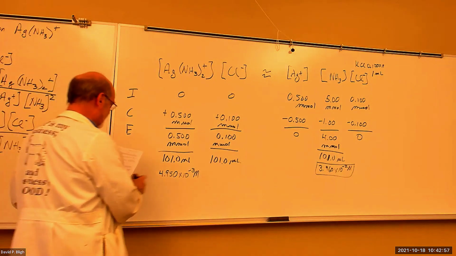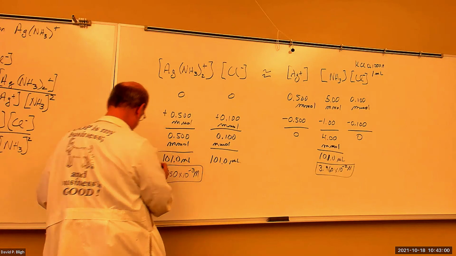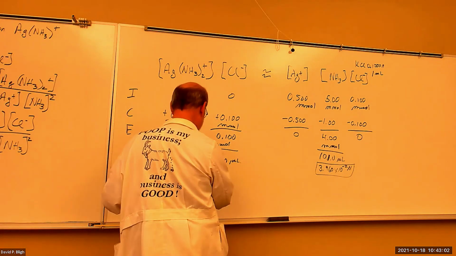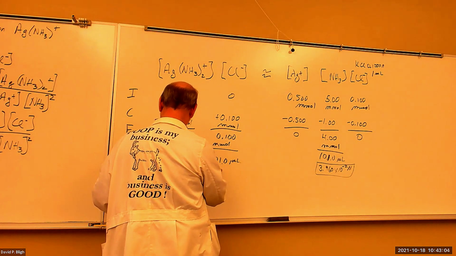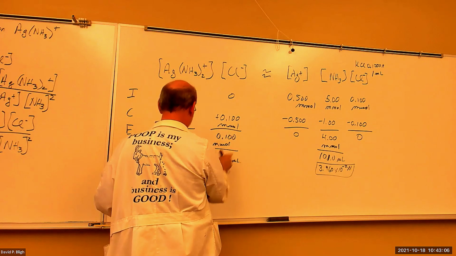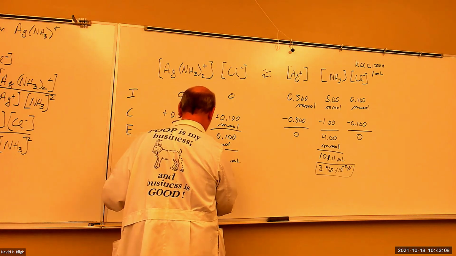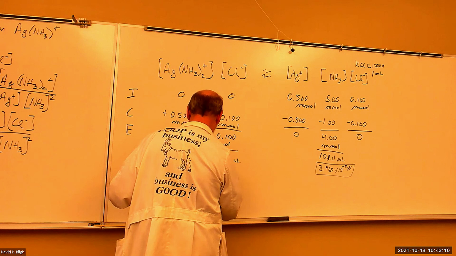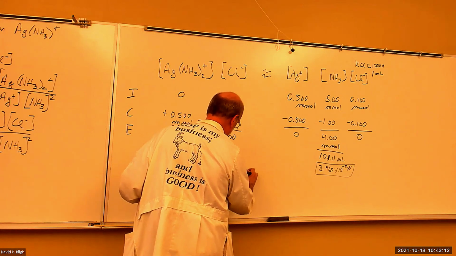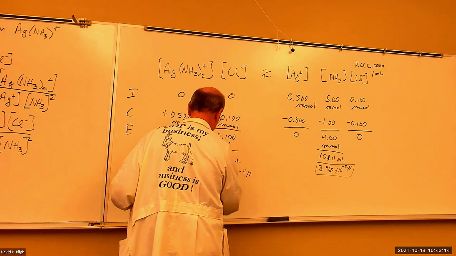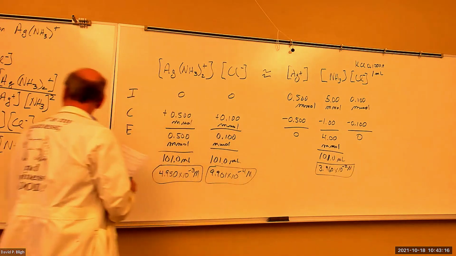Okay. And this one, 0.1 divided by 101, yes. This one is 9.901 times 10 to the minus 4 molar. Okay. Now we have those three values.